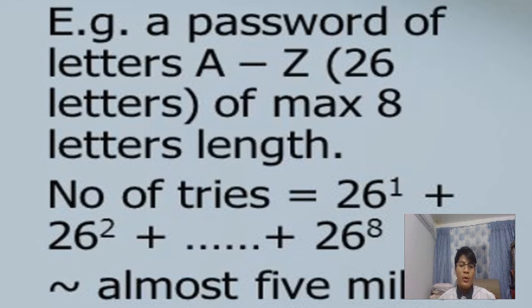So we need to try 26 to the power of 1 until 26 to the power of 8. That is almost 5 million. The attacker lets the computer do the work. The computer will try different combinations of passwords until it finds the one that works.